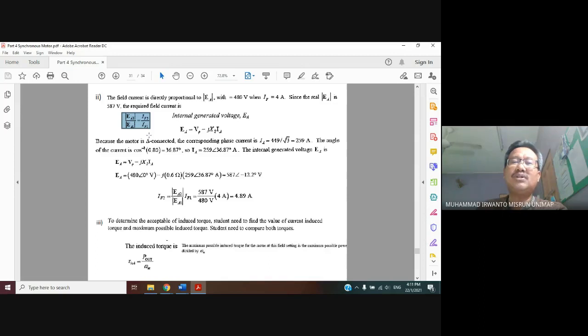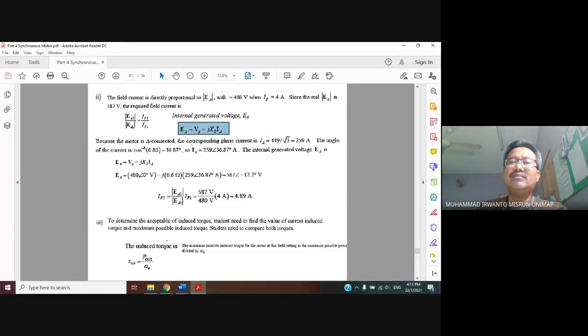So we want to find the second condition for the internal generated voltage. We can use this formula: EA is equal to phase voltage minus jXS IA.